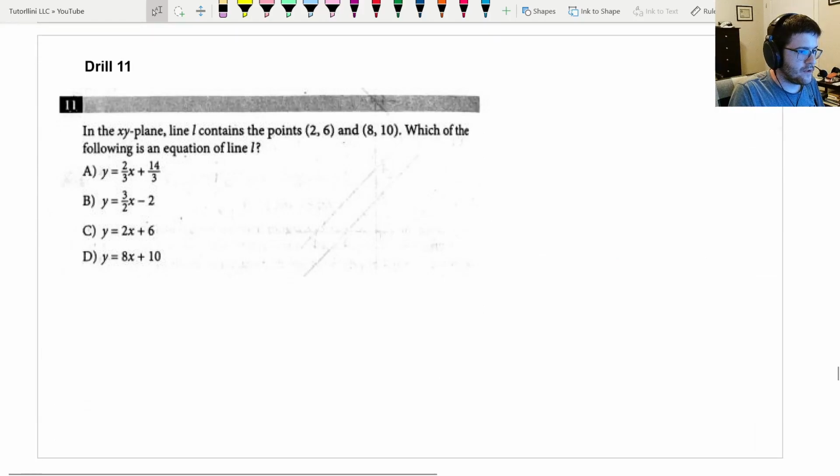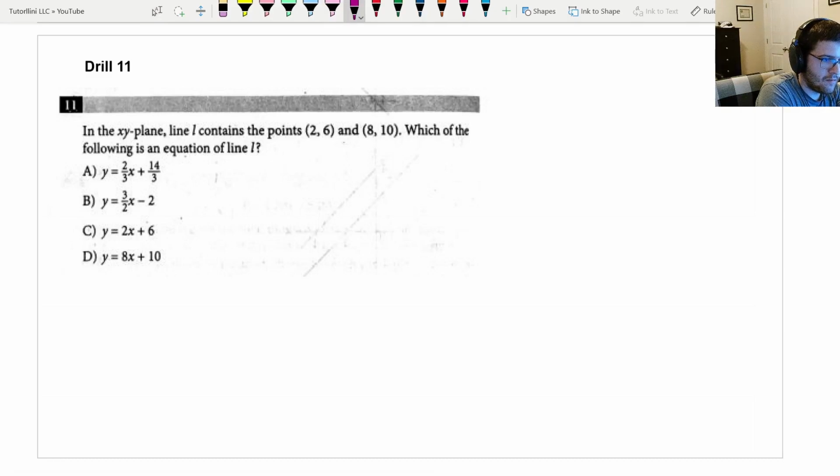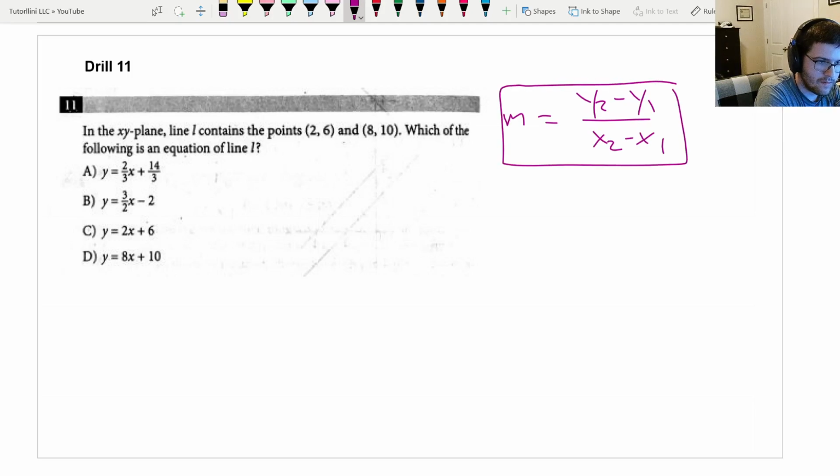All right, which of the following is the equation of the line? Let's do this entirely by hand. So m equals y2 minus y1 over x2 minus x1. That's the slope formula. And why don't we call this guy x1, y1, and this guy x2, y2.